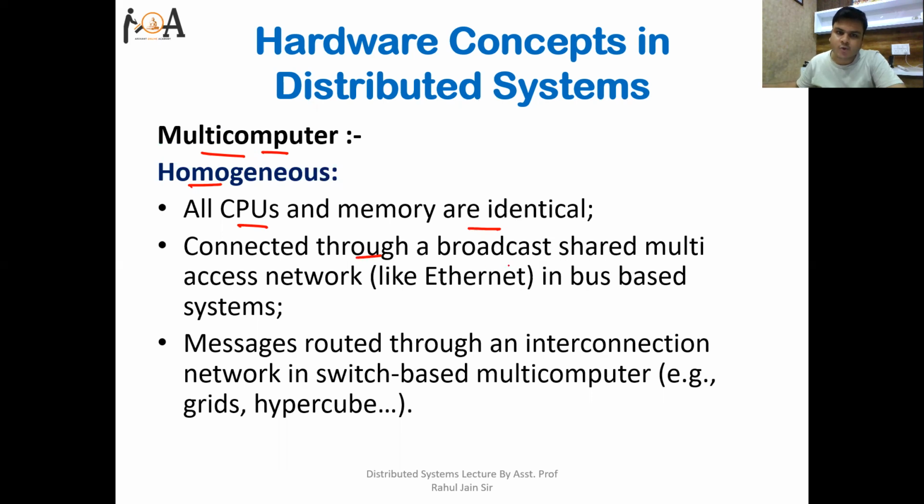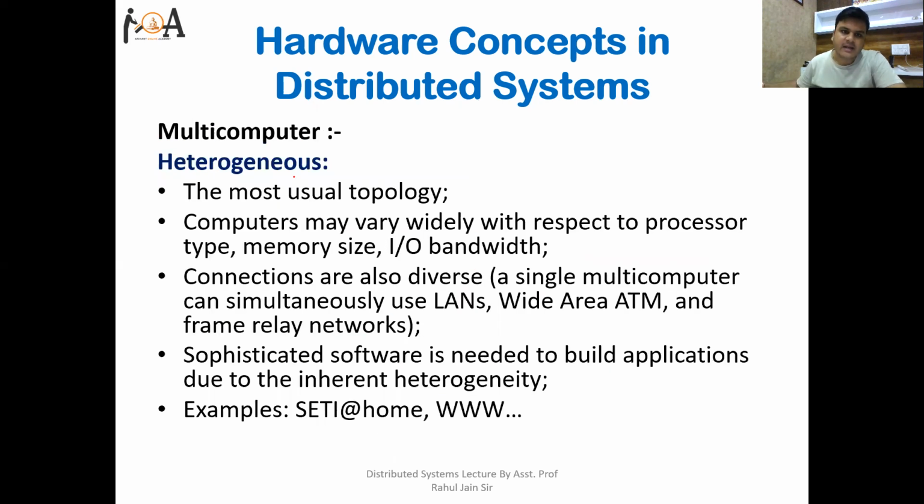They are connected through a broadcast shared multi-access network like Ethernet in bus-based system, and the messages are routed through an interconnection network in switched-based multi-computer. For example, grids, hypercubes. And if we talk about heterogeneous, then it is the most usual topology under the multi-computer systems. Computers may vary widely with respect to processor type, memory size, input-output bandwidth, and connections are also diverse.